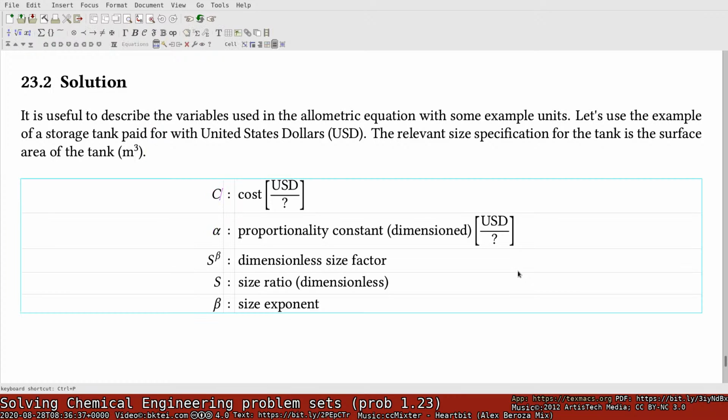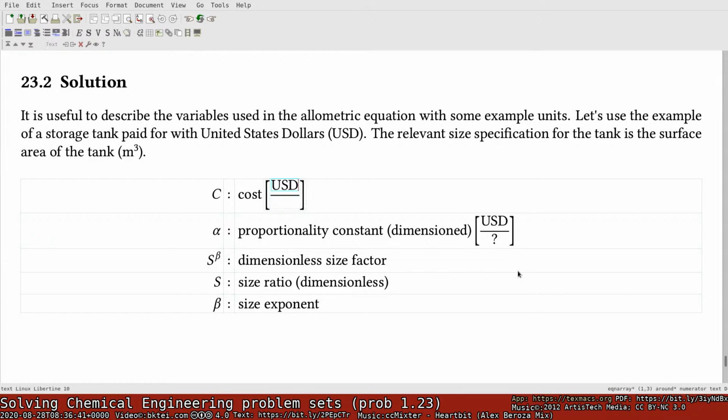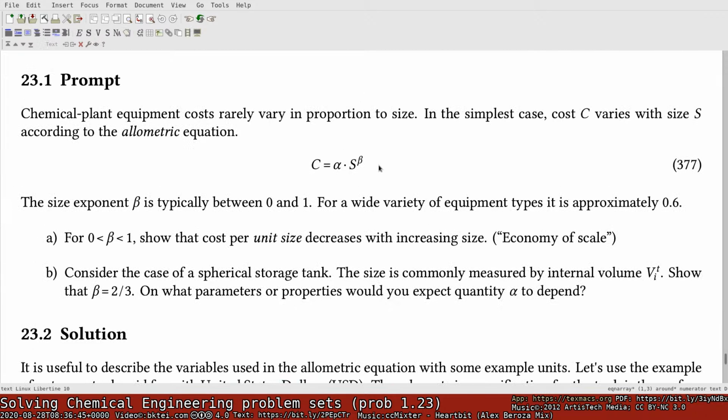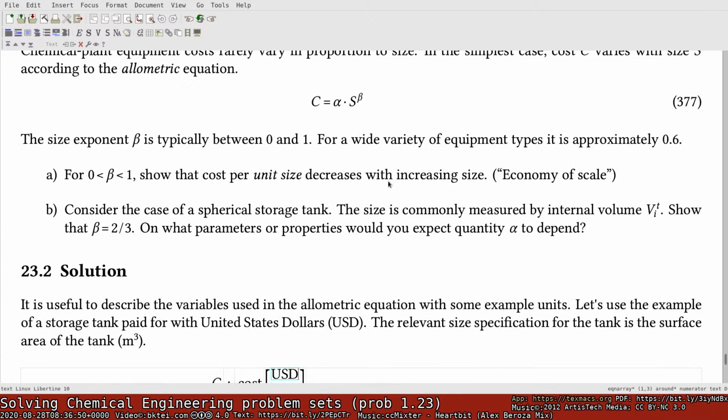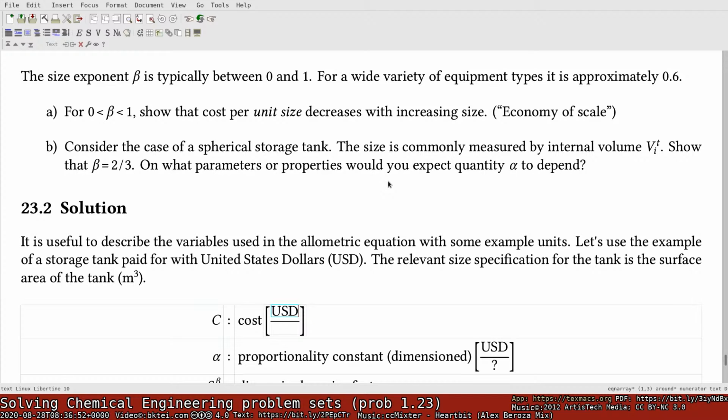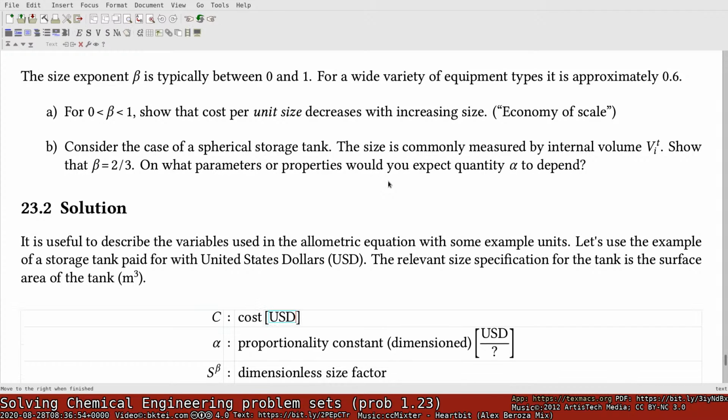Okay. So cost is just going to be USD, isn't it? This is a cost factor. Cost, yeah, total cost. So cost won't be a ratio of anything. It'll be USD.